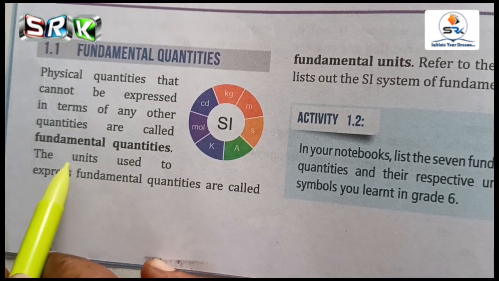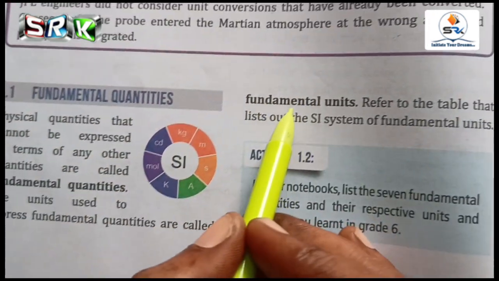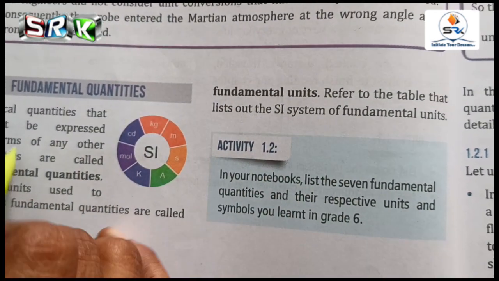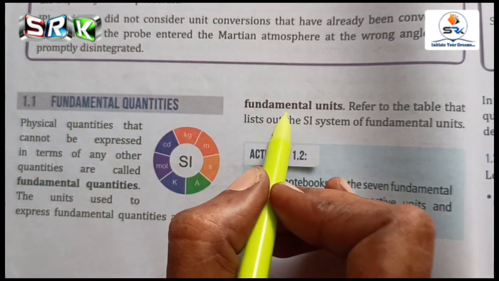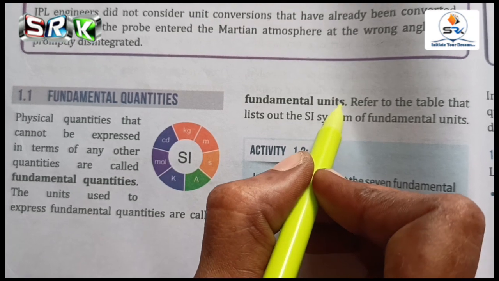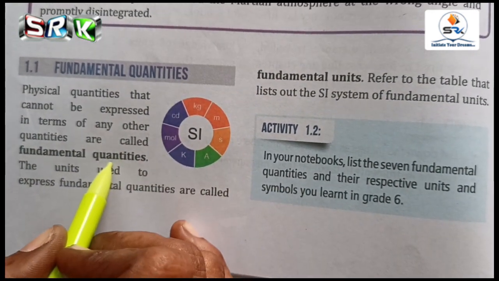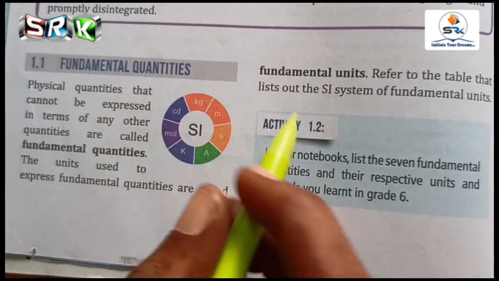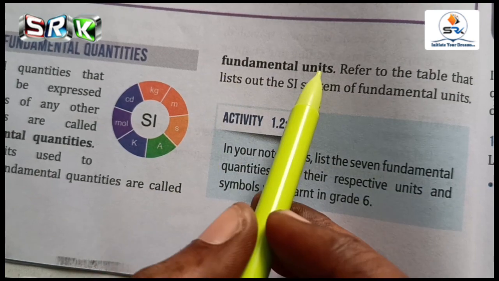And the units used to express fundamental quantities are called fundamental units. So the two things we have learned are fundamental quantities and fundamental units. Fundamental quantities, what examples have I given you? Length, mass and time.